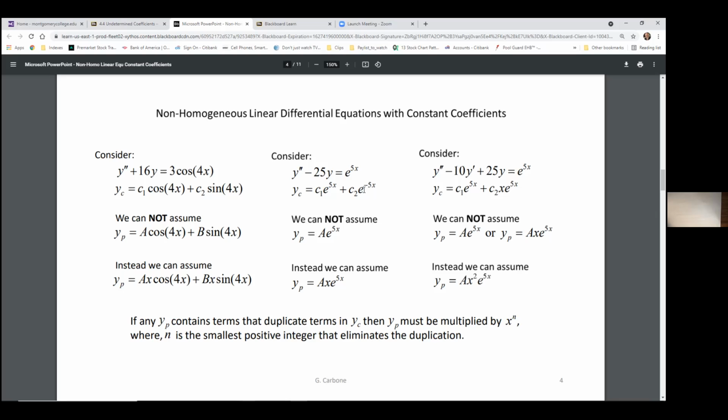So I can't assume a particular solution of the form e to the 5x. You cannot assume that. So instead I assume a solution where I multiply it by x, and that makes it linearly independent.